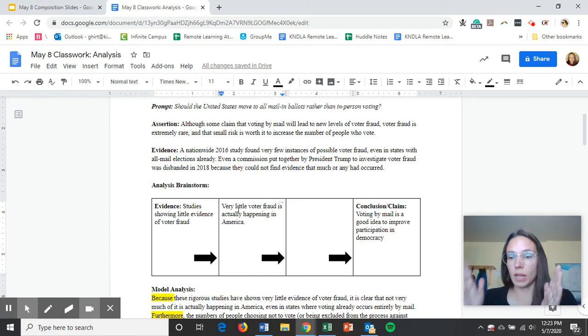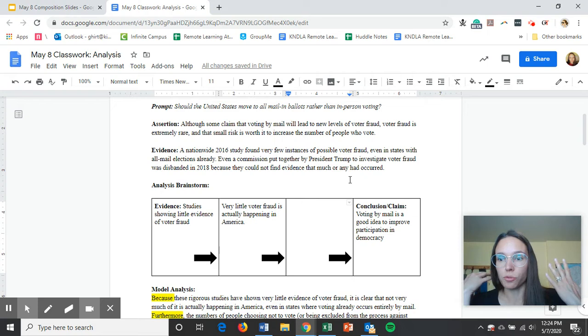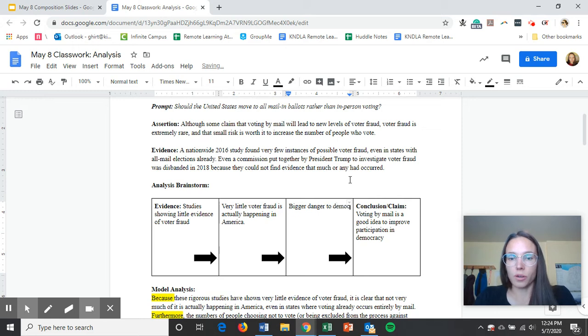So that's my next step. That would be kind of like sentence one in my analysis after my evidence. And then my next step from that is that since this is such a small risk, the bigger danger to our democracy is the number of people who will not be able to vote for various reasons. So bigger danger to democracy is majority of people not voting due to COVID, work, right?